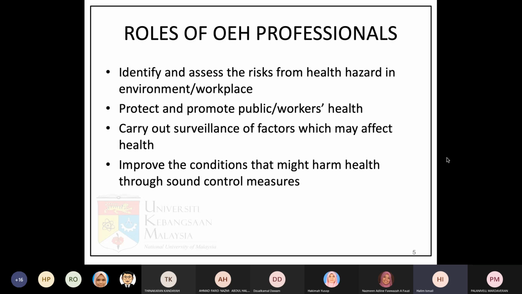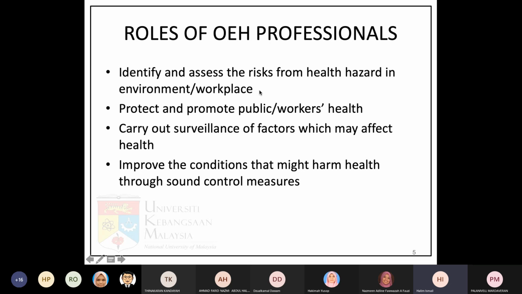So what are the roles of occupational and environmental health professionals? Basically to identify and assess the risk from health hazards in the environment or in the workplace. Okay, so occupational is more focused on the workplace, but environmental health is more focused on the environment. Basically to protect and promote public or workers' health.